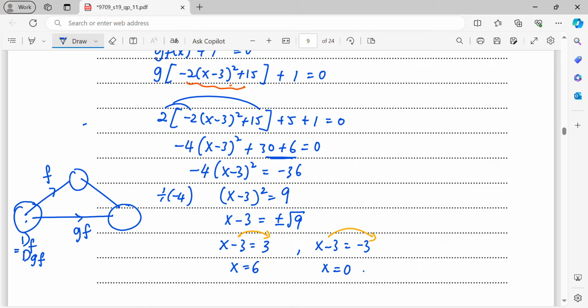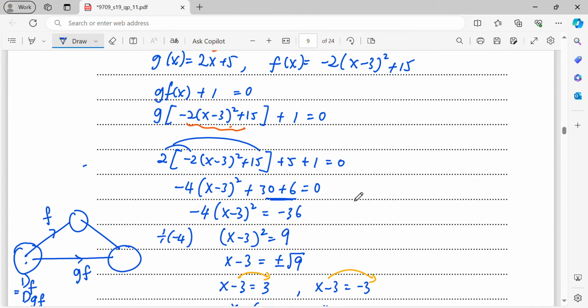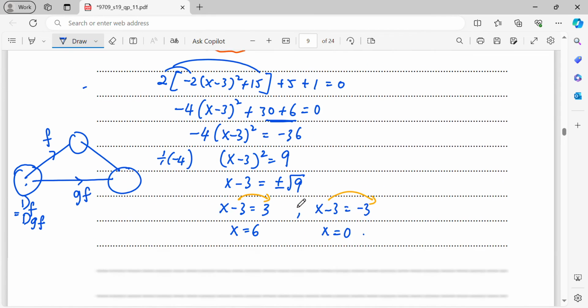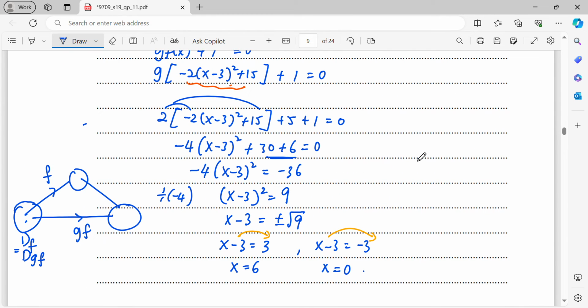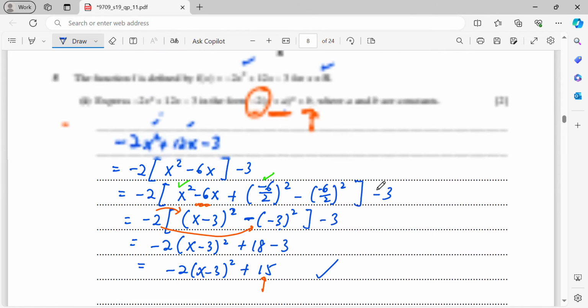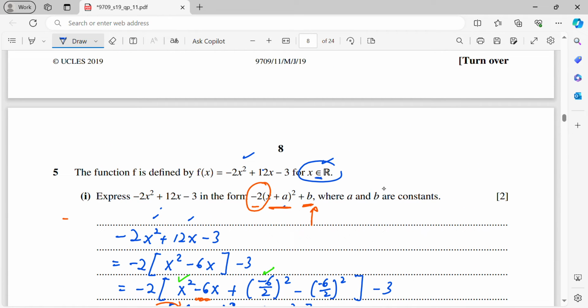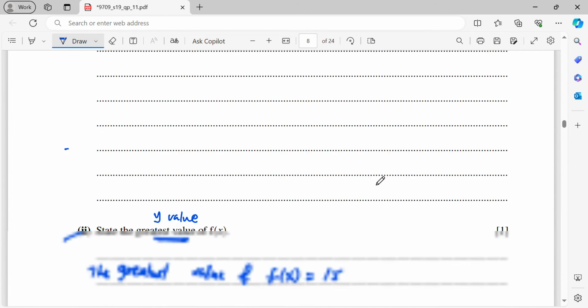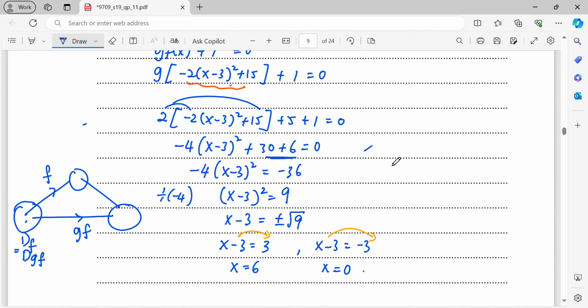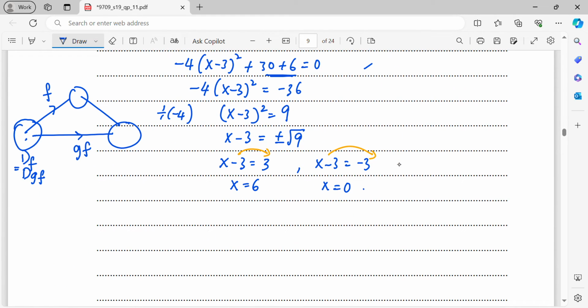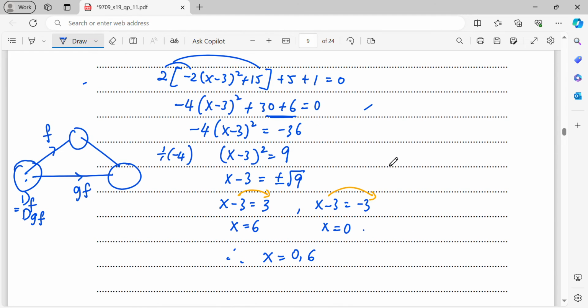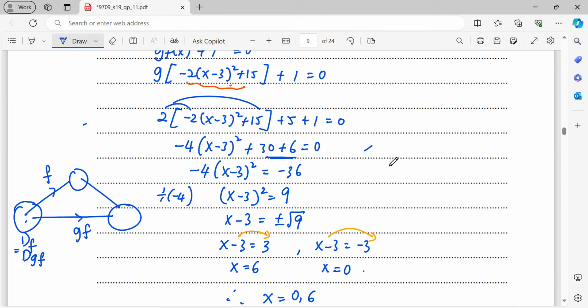Therefore, this x will be the domain. That's why I say that the domain of gf means that for this whole function, the x value will be satisfied by the f. So by looking at f being defined for a real number, we can accept these two x values. Therefore, x equals 0 and also 6. So that's all for this solution.